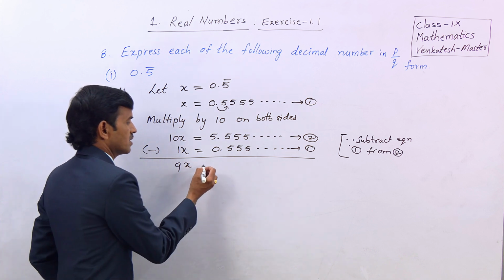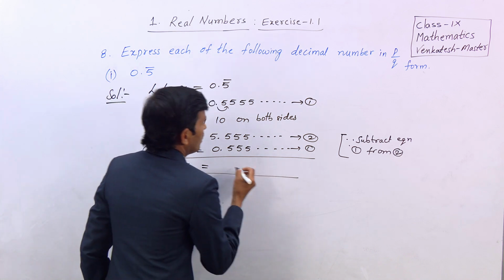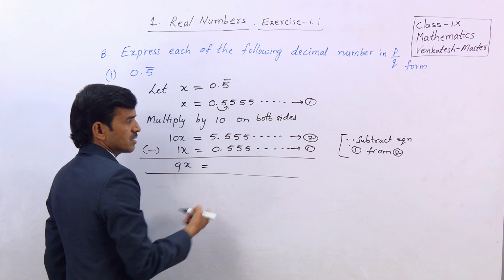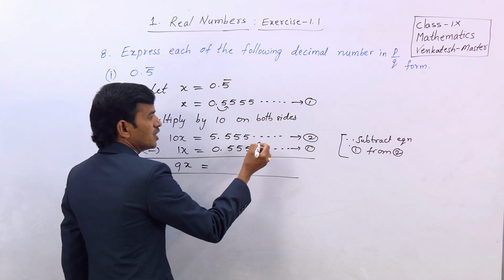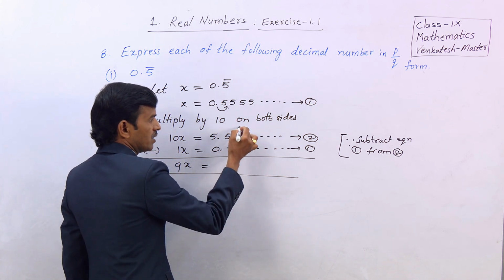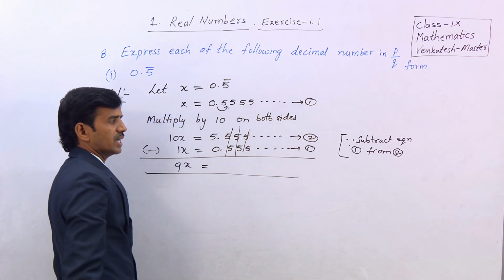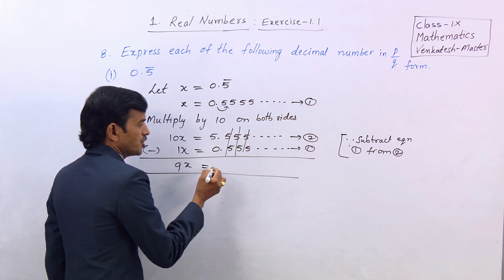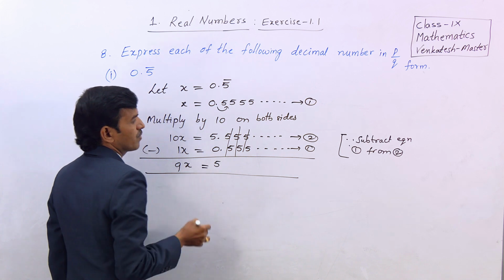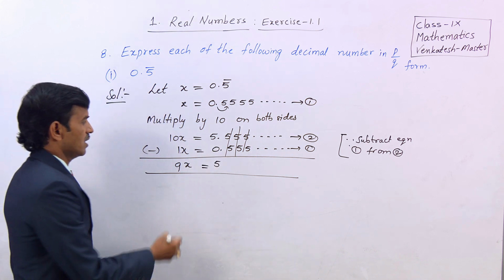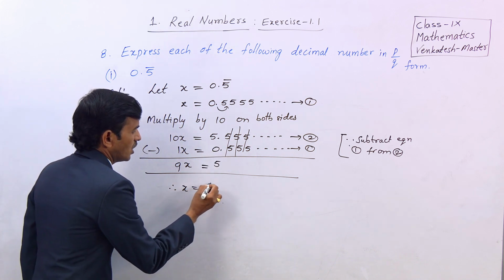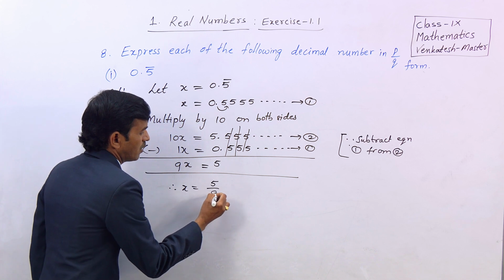9 times x, which is equal to, here what are the recurring digits? 5 is the recurring digit, so it gets cancelled. 5, 5, these pairs of 5 get cancelled. Then 5 minus 0 is 5. Decimal points also get cancelled. Therefore, x is equal to 5 by 9.